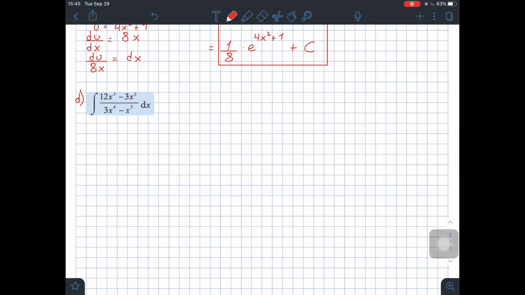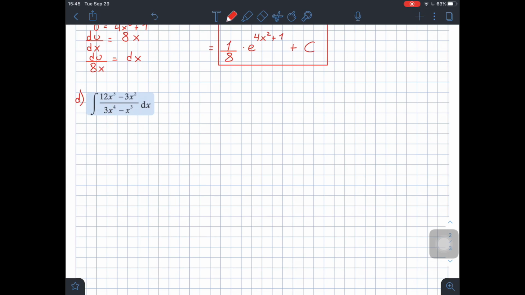Now, in order to decide what I will be calling u, the variable change, I should look at the degrees of both functions. I see that, for example, the function above has degree 3, right? Because it's x cubed. While the one below is degree 4 because it has x to the power of 4.